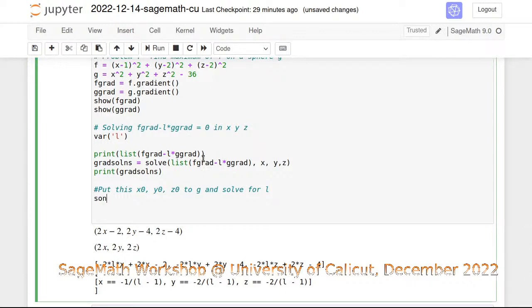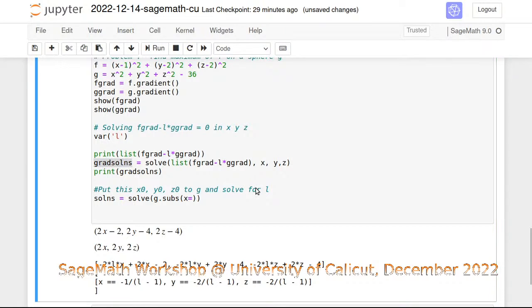Okay, now we are going to solve once again. G dot subs, we are going to substitute x equal to the first value.